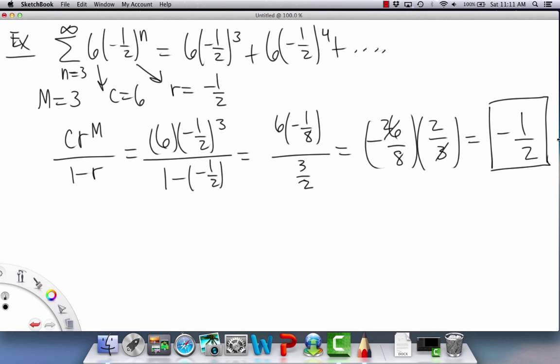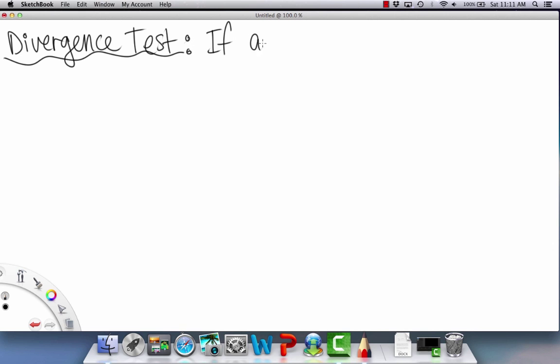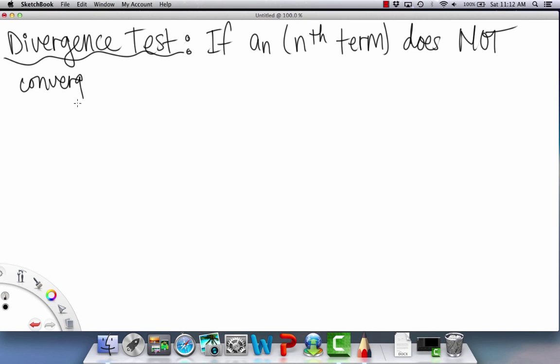All right, now for the last concept, and this one's pretty important as well, as is everything else. This is called the divergence test. I'm going to write the formal definition because that's pretty important. If a_n, the nth term, not the entire sequence, does not converge, and not only does it not converge, but it has to converge to 0.